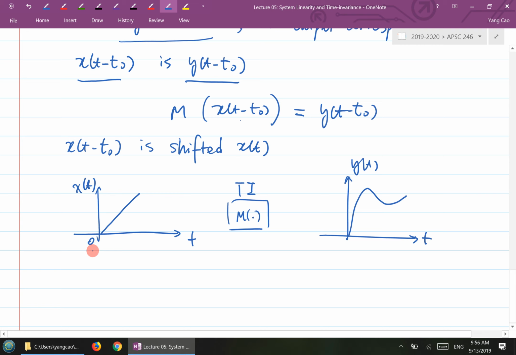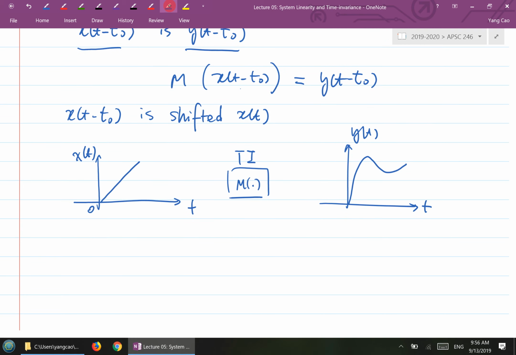So this is the input-output relationship. Now, I'll give you a new input, and the new input is basically a shifted version of the original input.